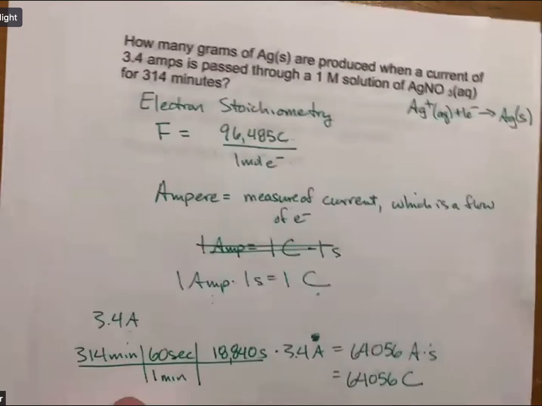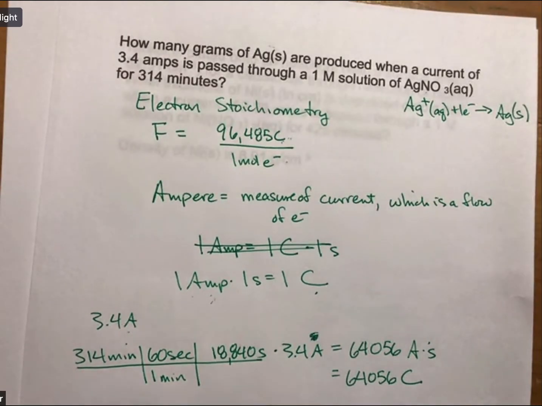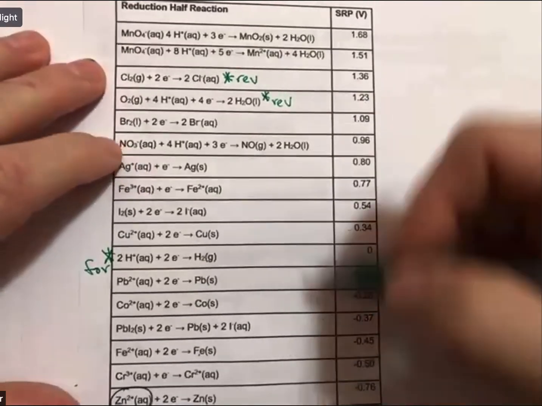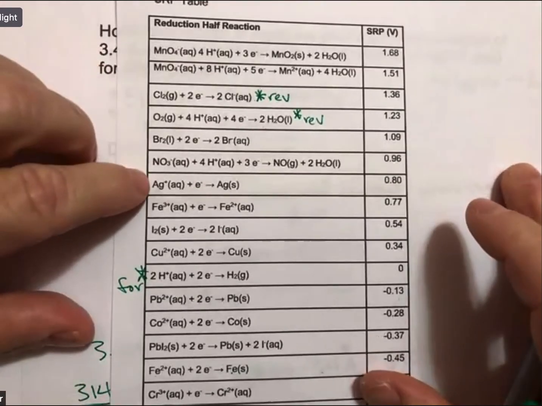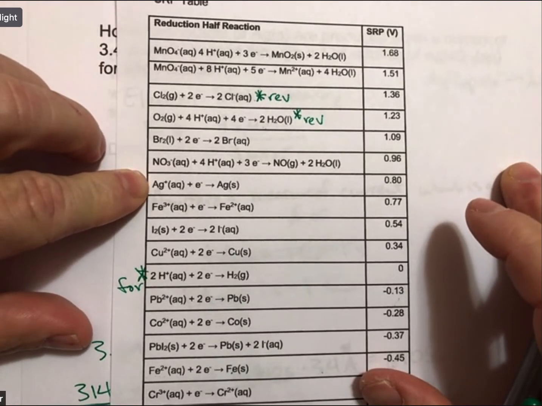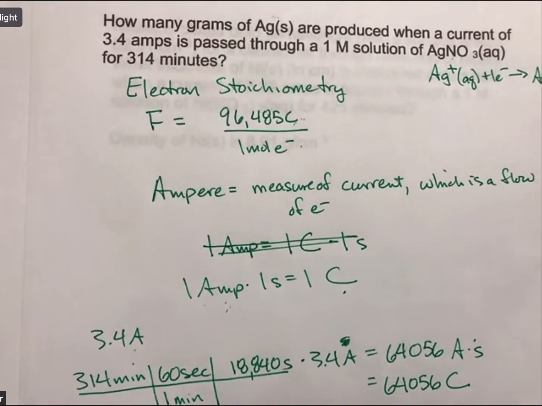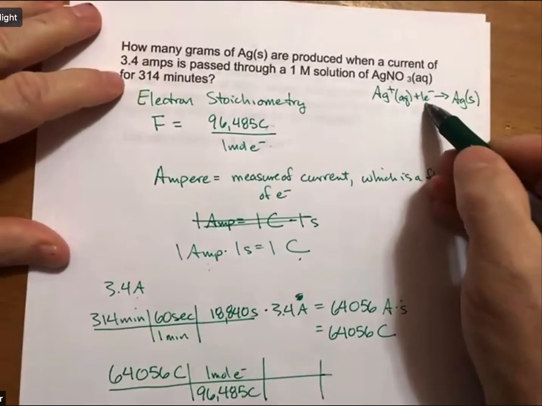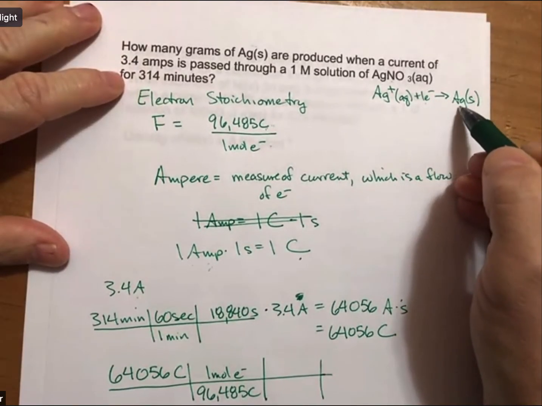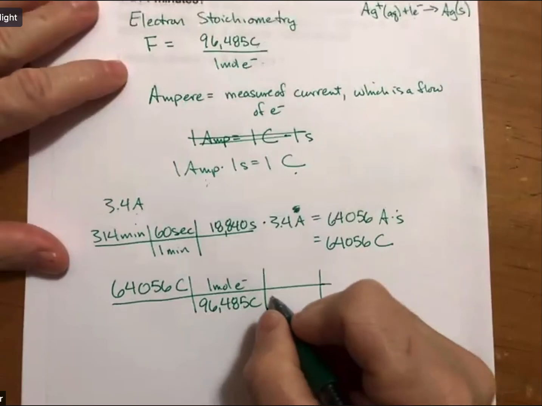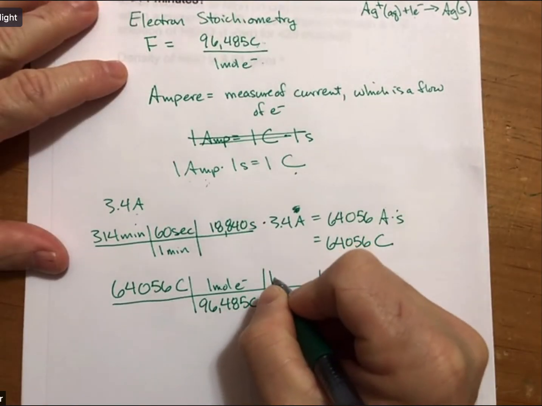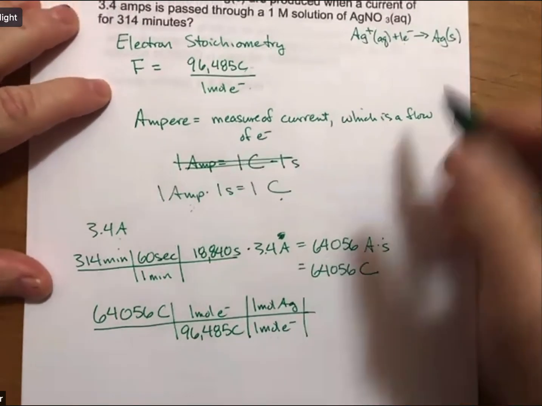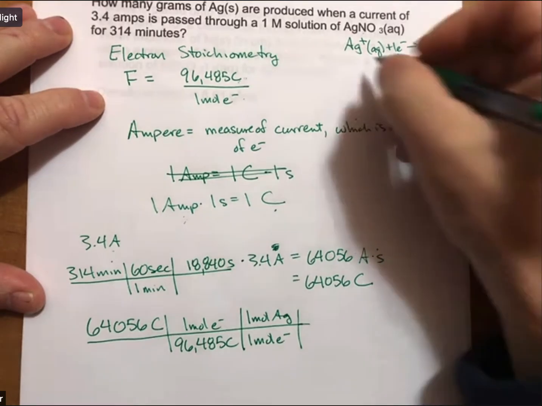And the half reaction I'm talking about will always be one of the reactions on our SRP table. Here's the silver reaction. We don't need the potential this time. All we need is that there's 1 electron here for every 1 mole of silver produced. So this relationship comes from the balanced half reaction.